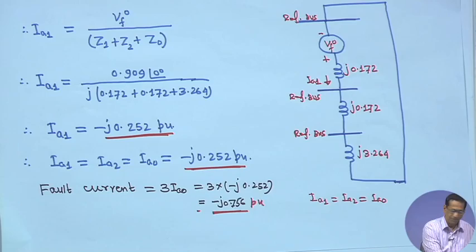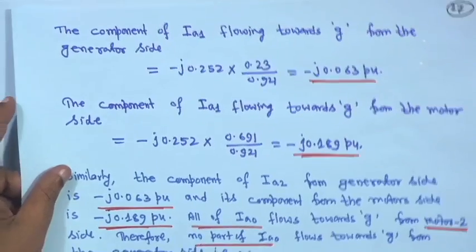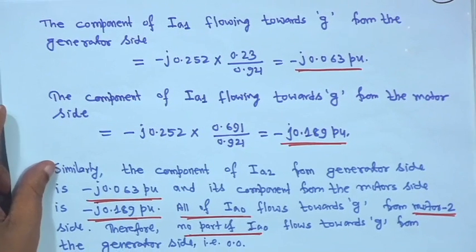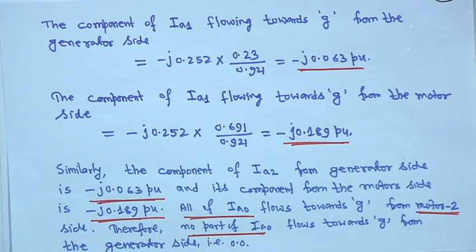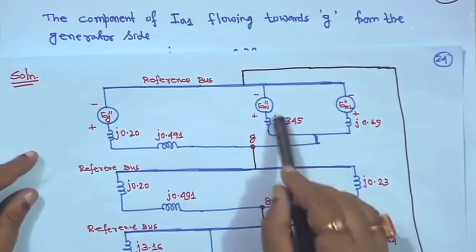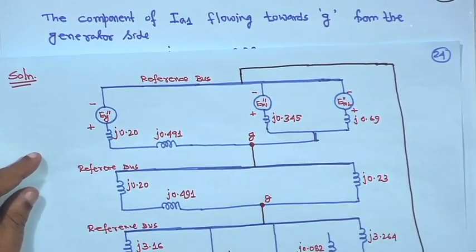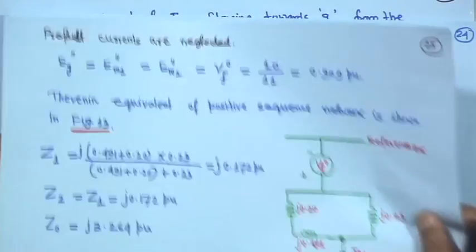Now, if you see this one, that component of I A 1 flowing towards G, this is a parallel circuit. This equivalent impedance is this one for positive sequence.